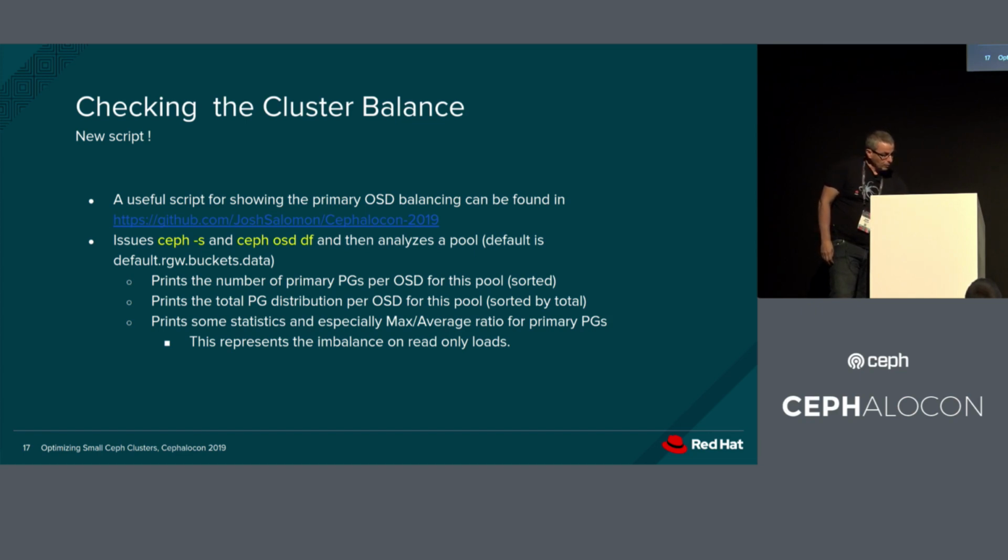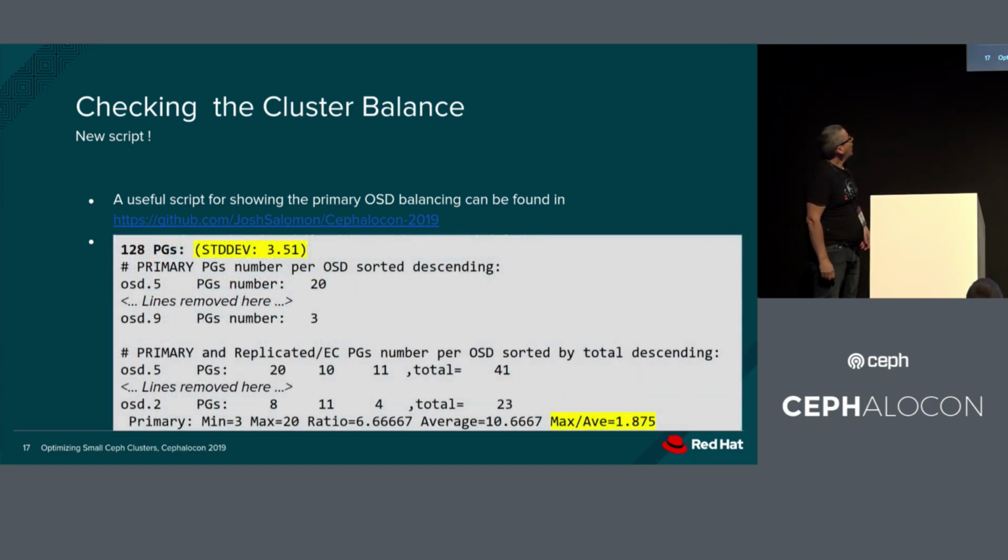So if we see here, this is again from my pool with 12 OSDs. With 128 PGs, we get this std-dev. Then the bottom is output from the script. The important number is marked, the max to average ratio for primary PGs.